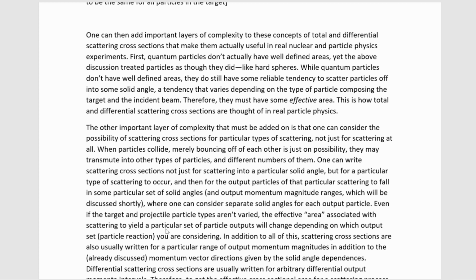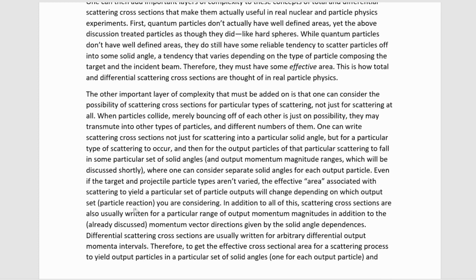Even if the target and projectile particles aren't varied, the effective area associated with the scattering to yield a particular set of particle outputs will change depending on which output set, particle reaction, you are considering. And I say particle reaction here is interchangeable with output set because different particle reactions are needed to yield these different output sets.